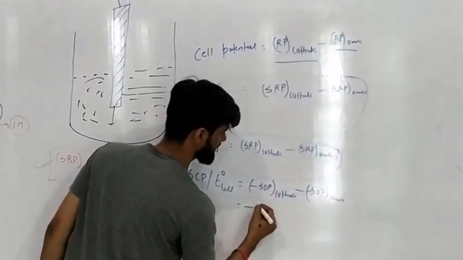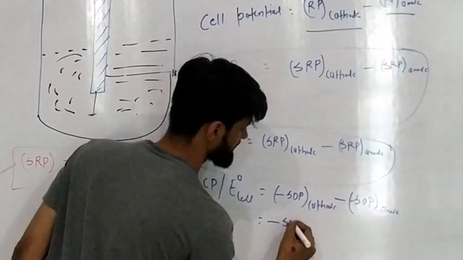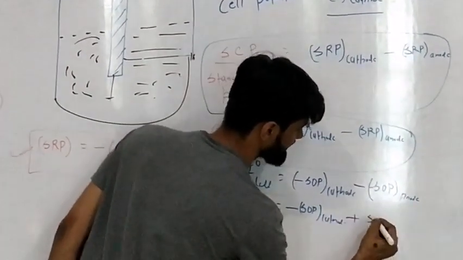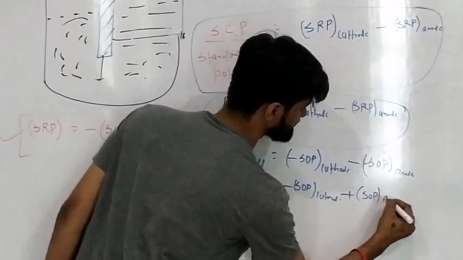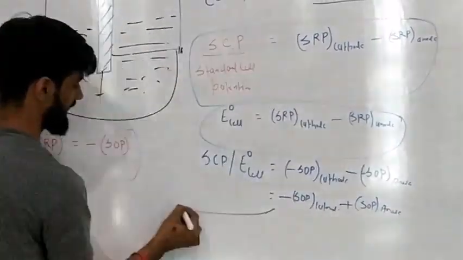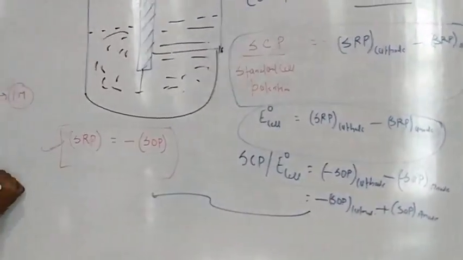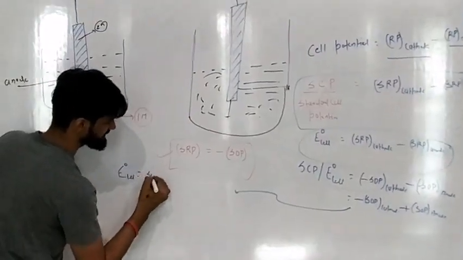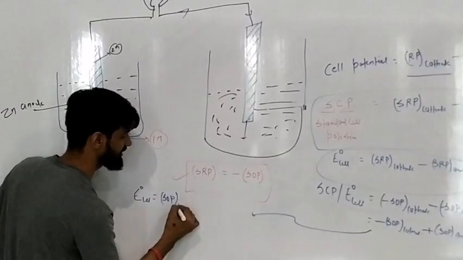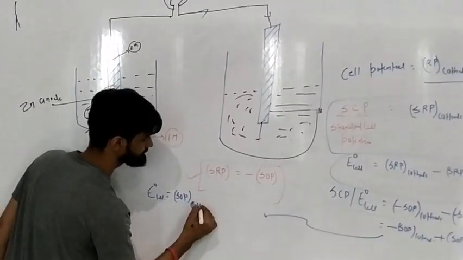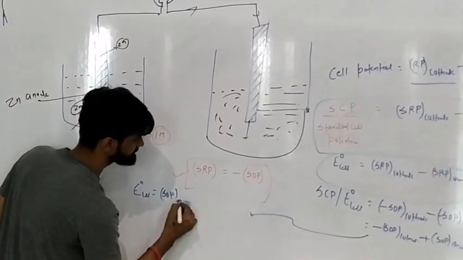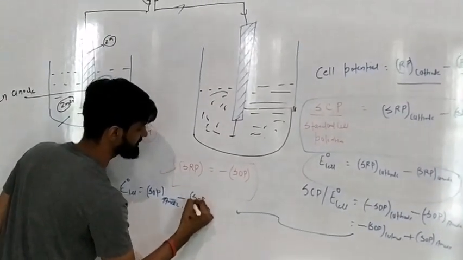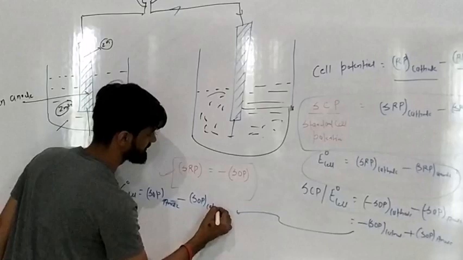Now this becomes minus the standard oxidation potential of cathode plus the standard oxidation potential of anode. Again you can write it as E naught of cell equals the standard oxidation potential of anode minus the standard oxidation potential of cathode.